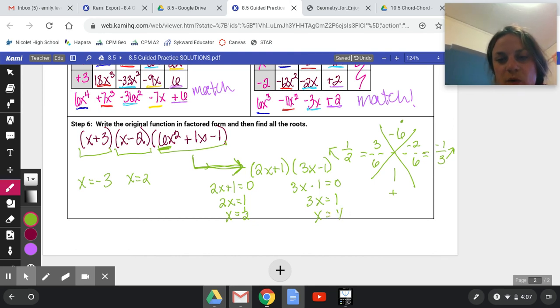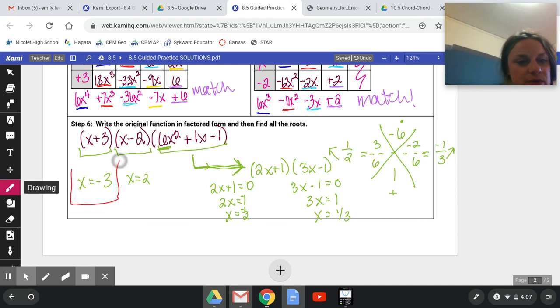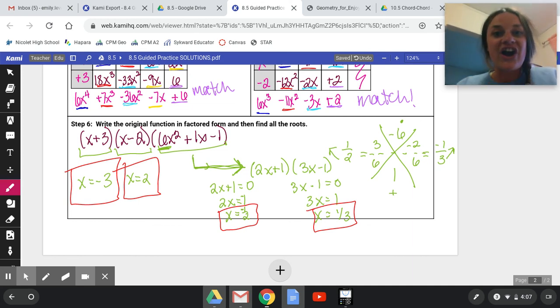So x is equal to 1/3. Also, I just noticed a mistake in this other factor. When I subtract the 1, I get negative, so this is a negative 1/2. Okay, so I've got these 4 roots. I've got a root at x equals -3, a root at x equals 2, a root at x equals negative 1/2, and a root at x equals 1/3.